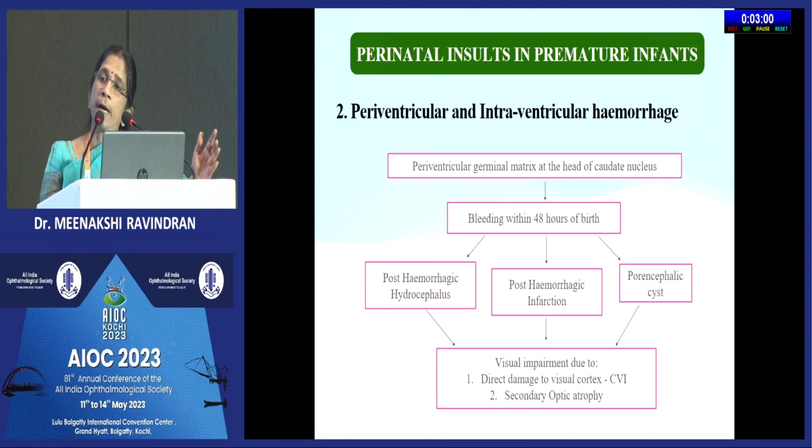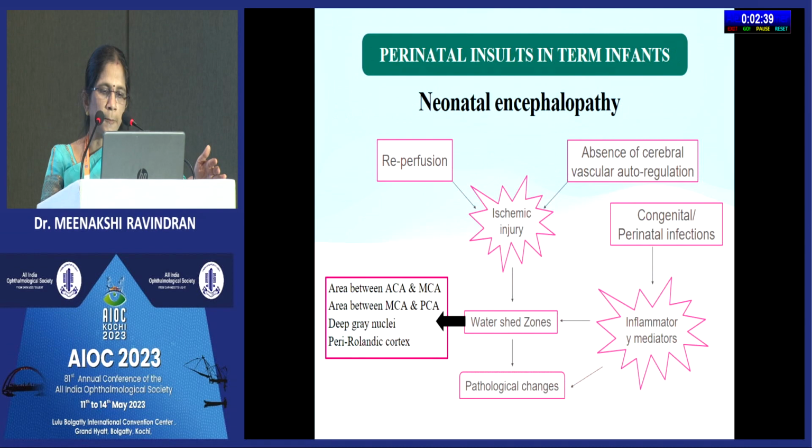So the problem with hydrocephalus is, even if you put the shunt, we should keep them on long-term follow-up, and sometimes papilledema will not be seen even though the shunt is not functioning. So we should keep this in mind, and these are the three ways the bleeding can cause damage: hydrocephalus, infarction, or a porencephalic cyst.